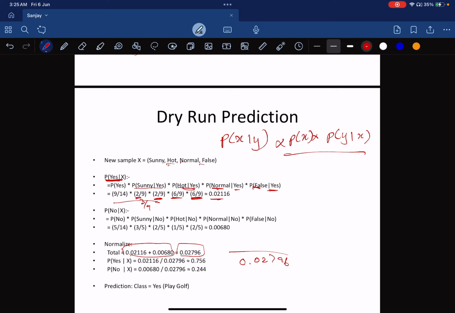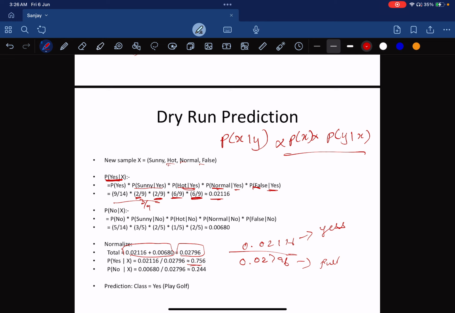In that, the probability of Yes given the input is found by dividing the Yes value, 0.02796, by the overall probability, 0.02116. This gives some ratio, like 30%, 60%, that is 0.756.